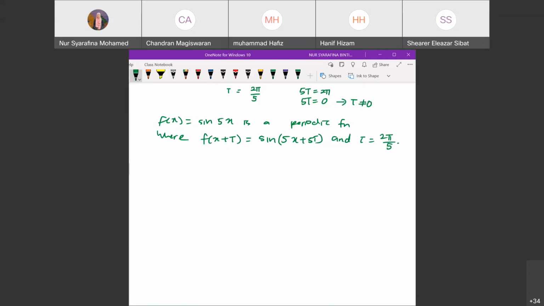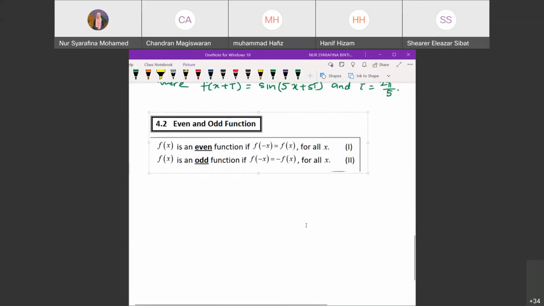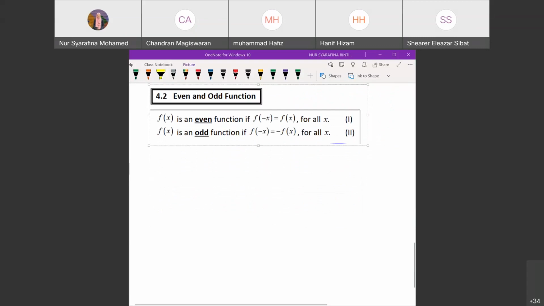Okay, so now let's proceed with even and odd functions. That was the periodic function; now we want to identify what even and odd functions are. Okay, read it first.